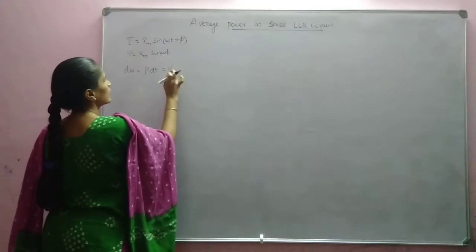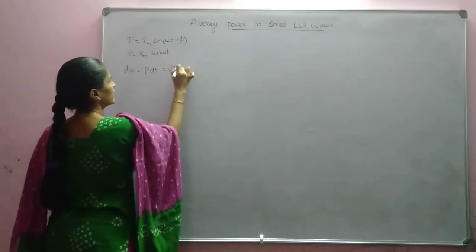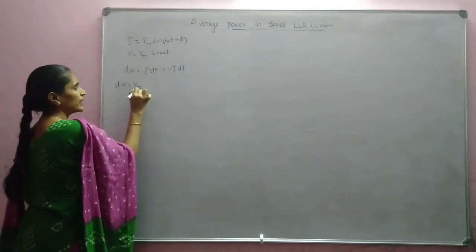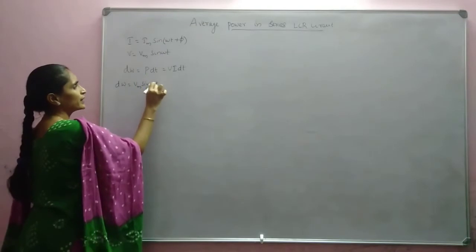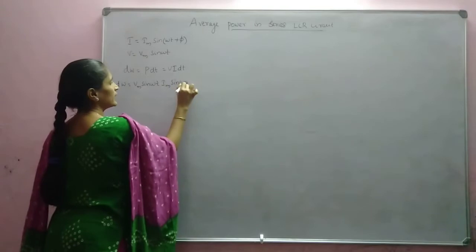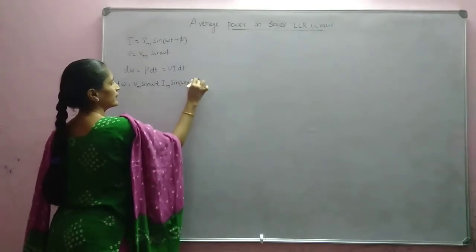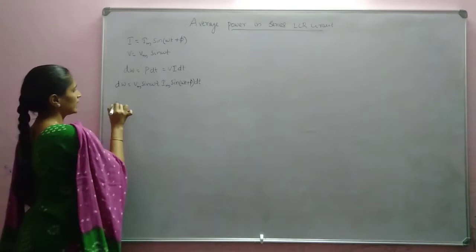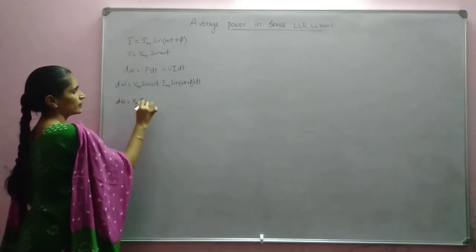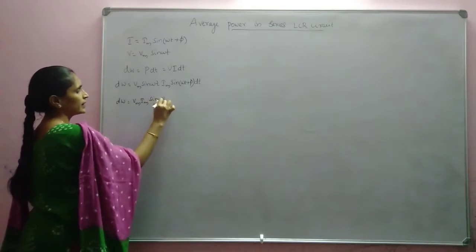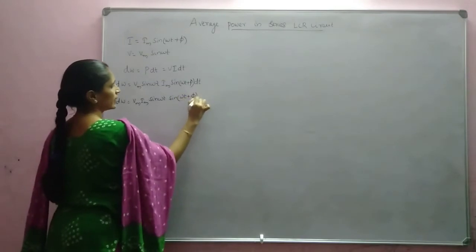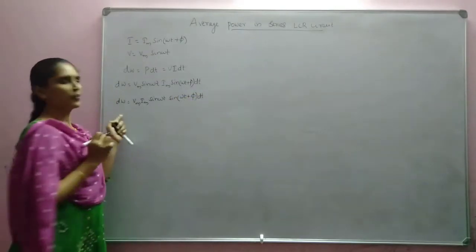Or we can write dW is equal to Vm sin omega t Im sin omega t plus phi dt, or dW is equal to Vm into Im sin omega t into sin omega t plus phi dt. This is the small amount of work done.